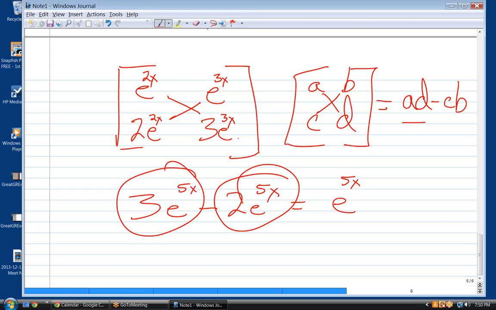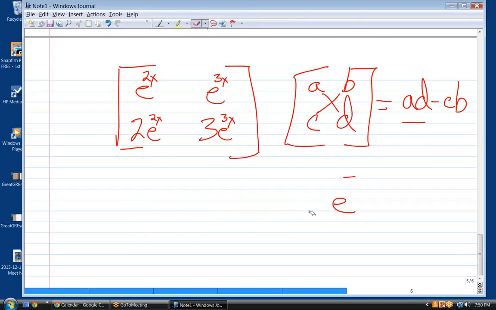It just looked like addition because we ended up adding the exponents. But we were actually multiplying. I multiplied e to the 2x times e to the 3x in order to get e to the 5x. And if you have higher order matrices, it gets more complicated to figure out that determinant.